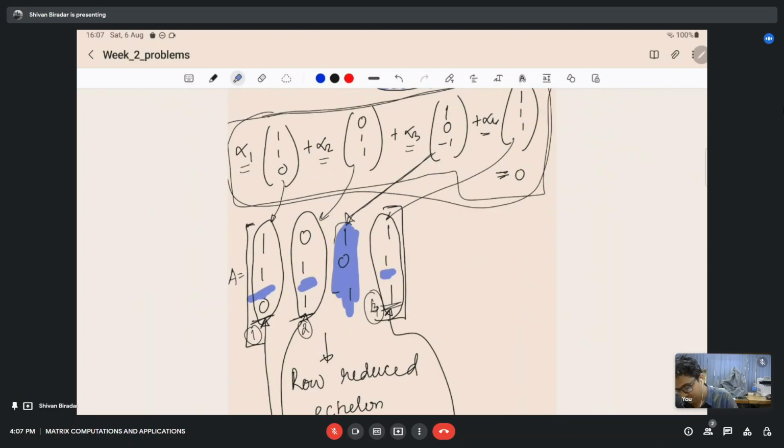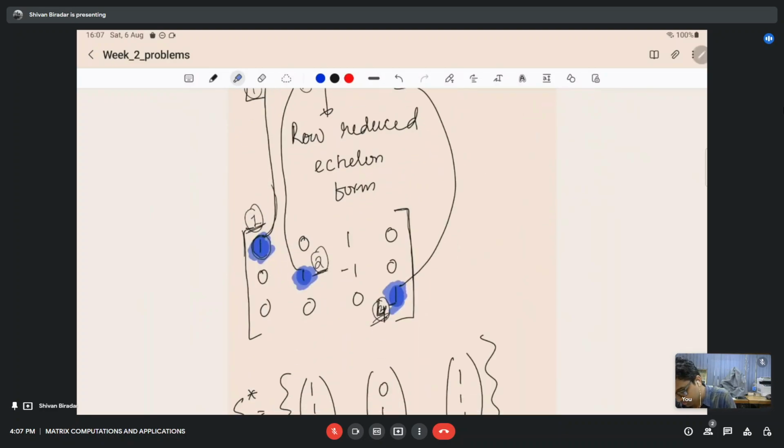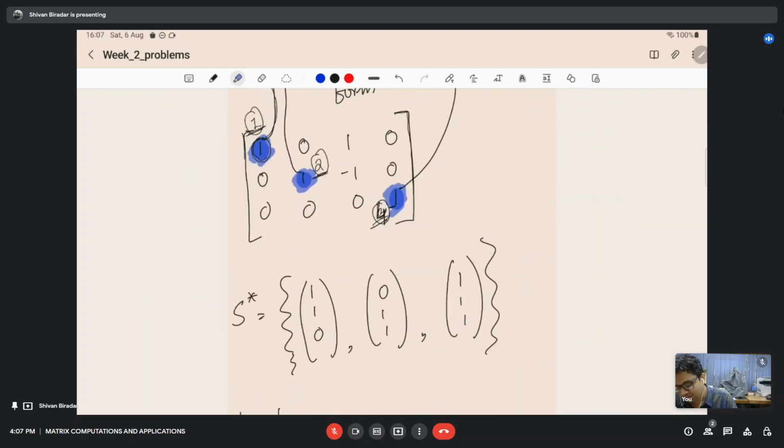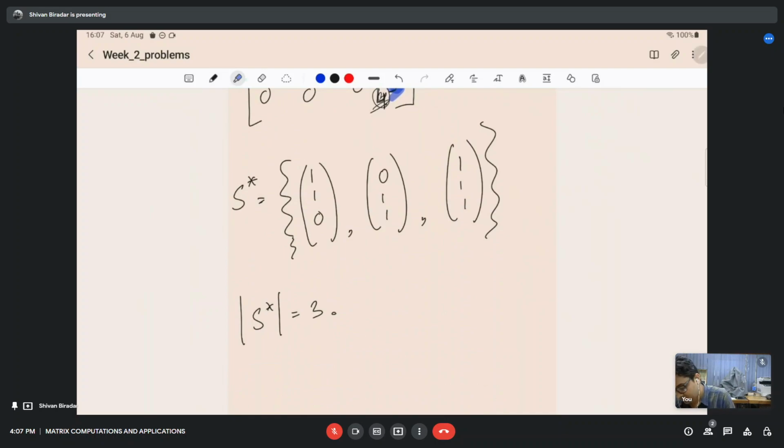First form a matrix, then row reduce it, then check the pivot positions, and corresponding to the pivot positions, choose the column vectors. Those column vectors would be your linearly independent vectors. So these three are your linearly independent vectors. So the cardinality of your largest independent set would be three.